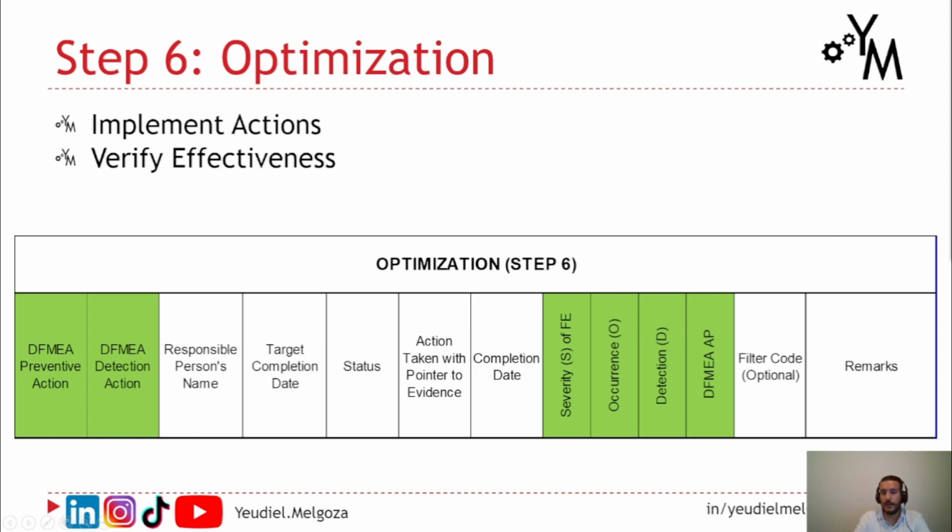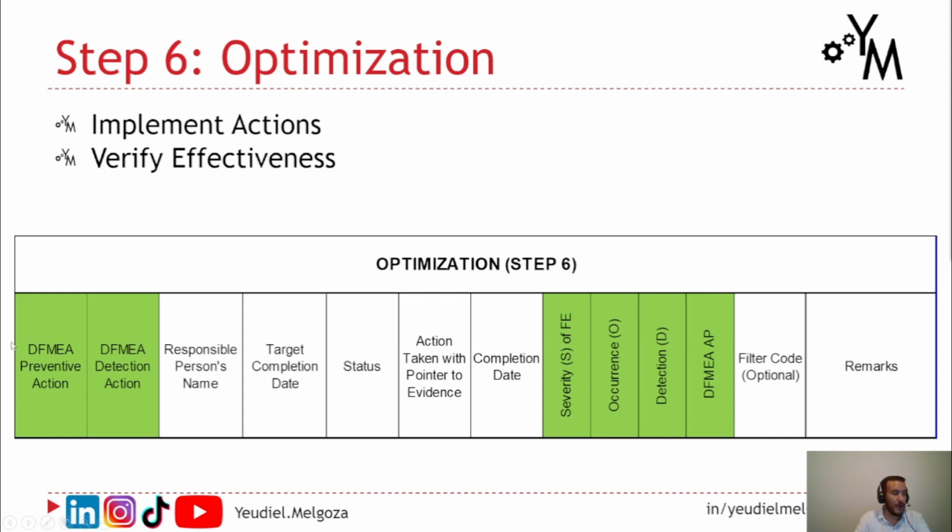The status is the current progress or condition of each action: open, in progress, closed, etc. Action taken with pointer to evidence is a record of the actual action implemented along with the reference of supporting evidence. The completion date: here is a target, here is a real date.